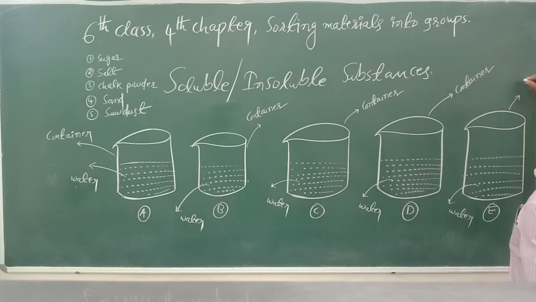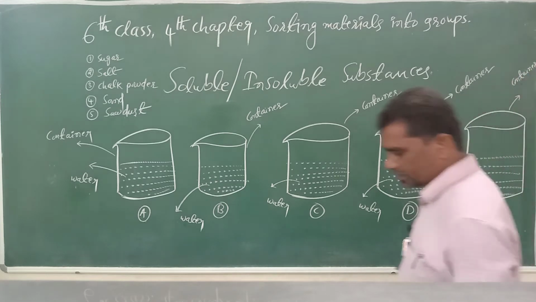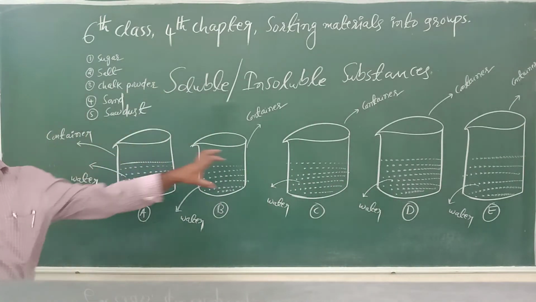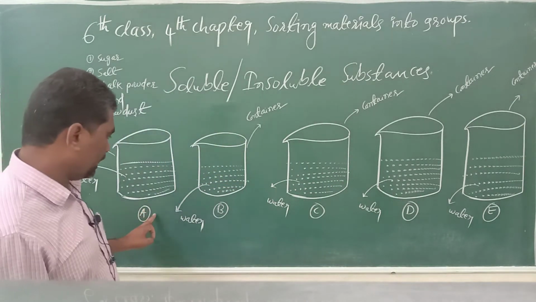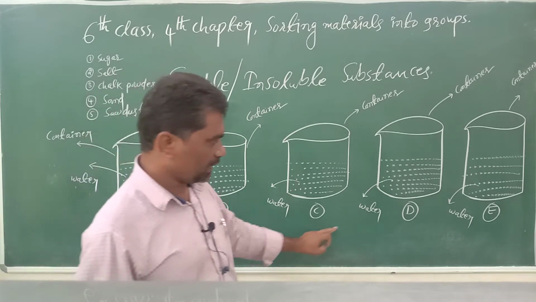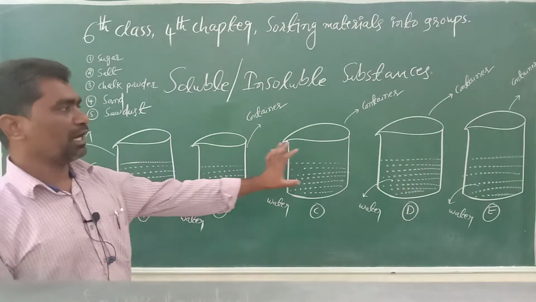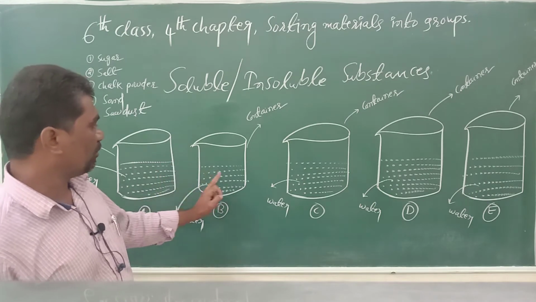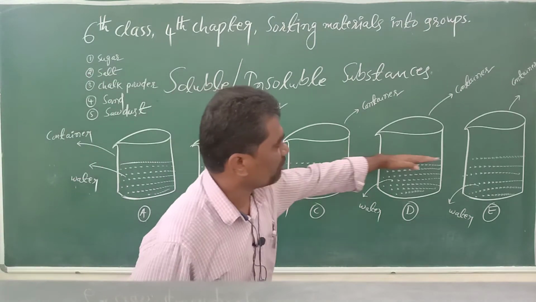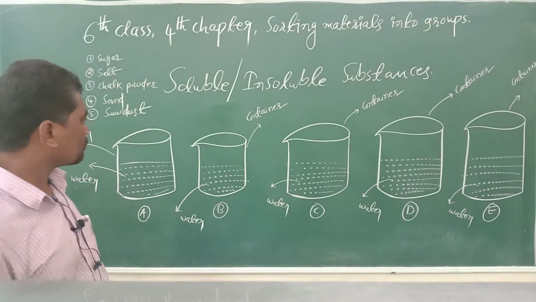Here this is also a container. Okay students, you see here 5 containers are taken. This is container A, container B, container C, D, E. All these 5 containers are filled with water, up to half of the portion of the container.